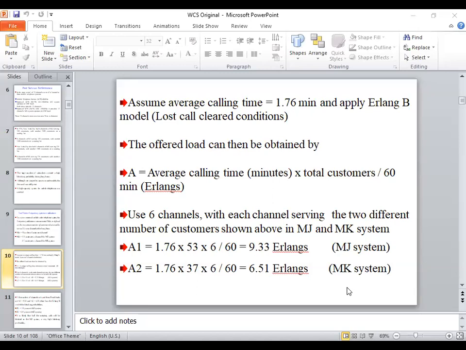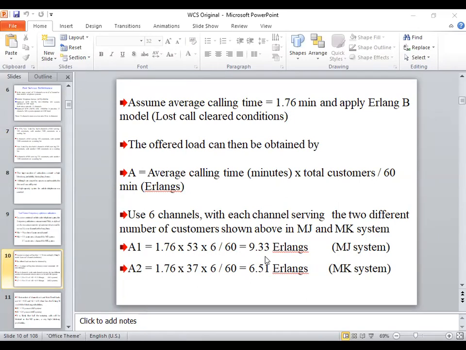As I have already told you, in the previous slide I have shown that the MJ system has 53 customers and MK has 37, and we are using 6 channels at a time. So average calling time 1.76 into 53 total customers into 6 channels divided by 60 will give you 9.33 Erlangs.